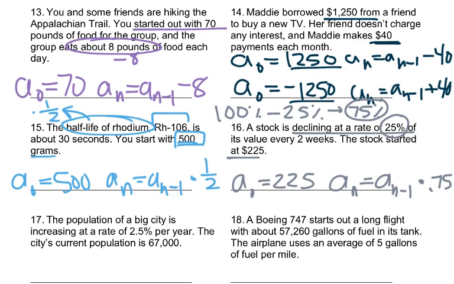Instead of taking the previous amount times 25 and then subtracting it from the previous amount, if we just realize that we still only have 75% left over, then we can just start out by multiplying by that 75%, which will get us there.